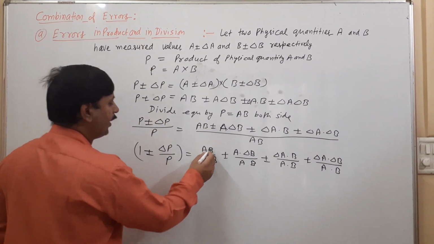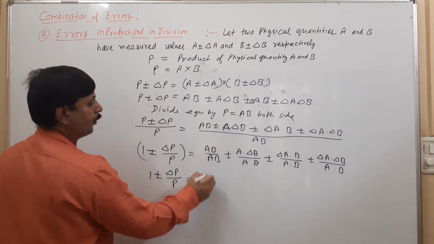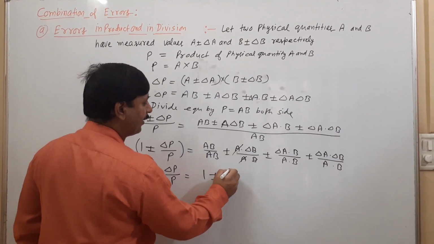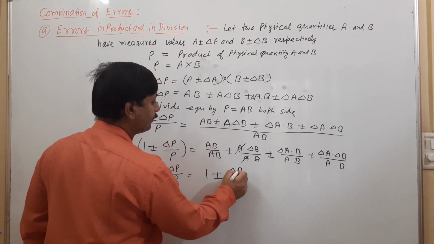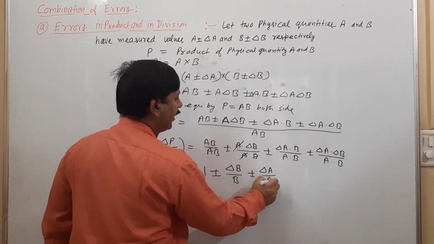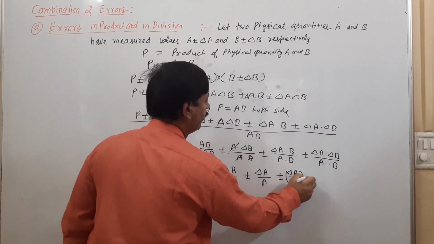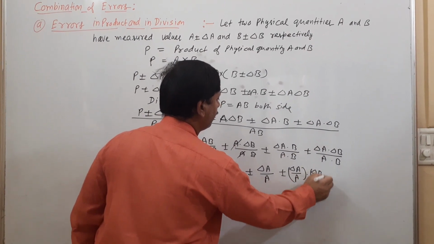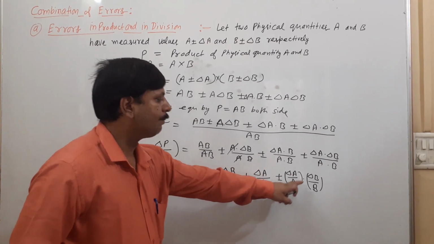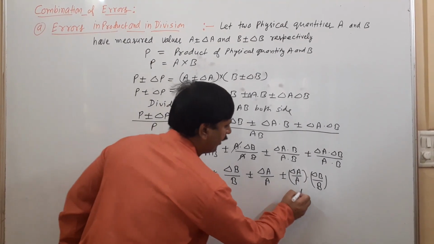If you see here, A and B cancel out. 1 plus minus del P upon P is equal to 1 plus minus del B upon B plus minus del A upon A plus minus del A upon A into del B upon B. See here, del A upon A and del B upon B are very small, that's why they are negligible.